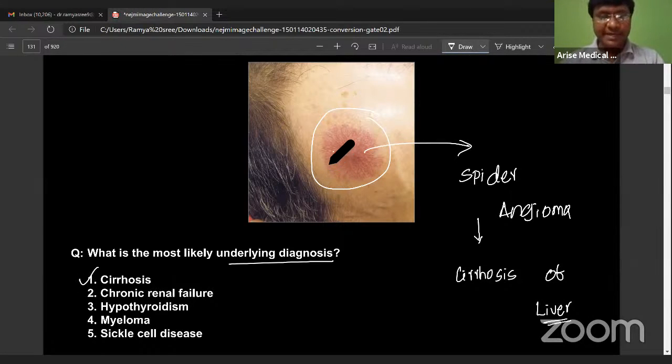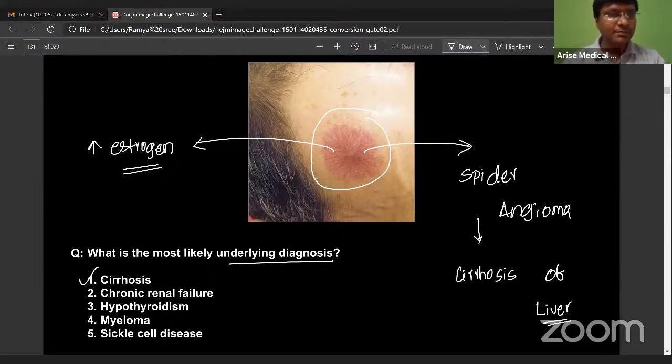These spider angiomas are mainly because of an increase in the estrogen level in cirrhosis of liver. So the answer to this particular question is spider angioma. All right, now we will move on to the next question.